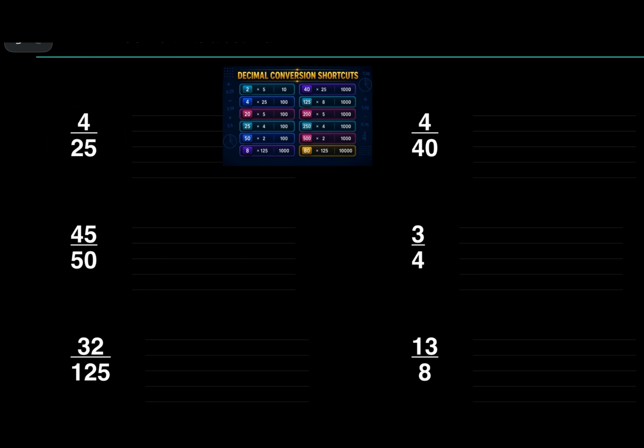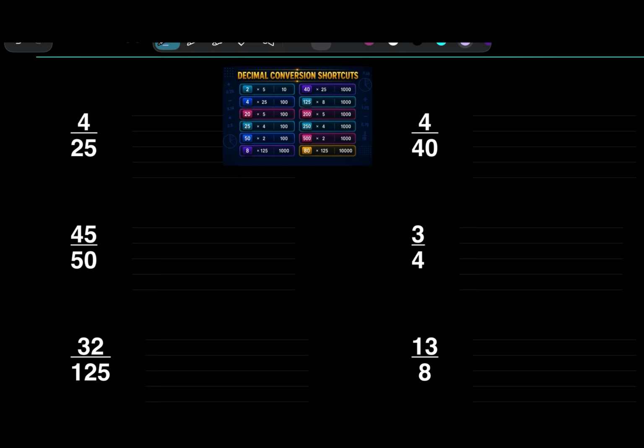In the previous question, the denominator had either 10 or 100 or 1000, so it was very easy for us to straight away jump. But now this is 25 and then this is 50. So we first convert the denominator into something like 10 or 100 or 1000, and then we start jumping. Let's see. So this chart I have brought here for our reference, so we can use it.